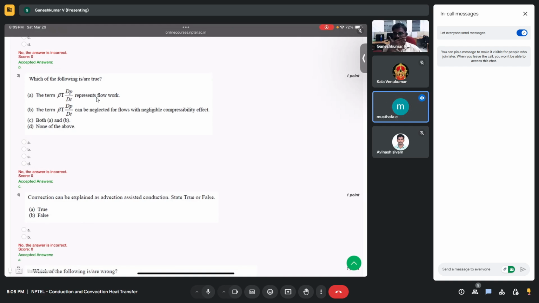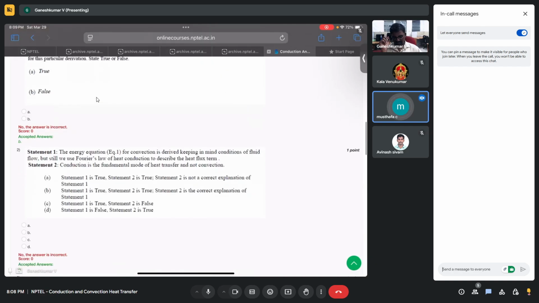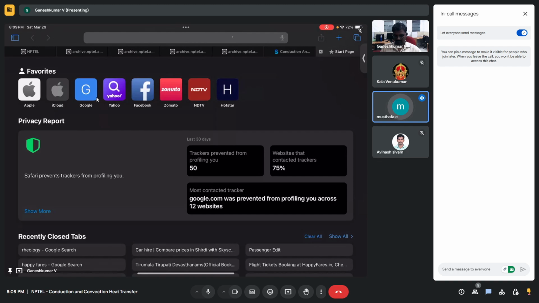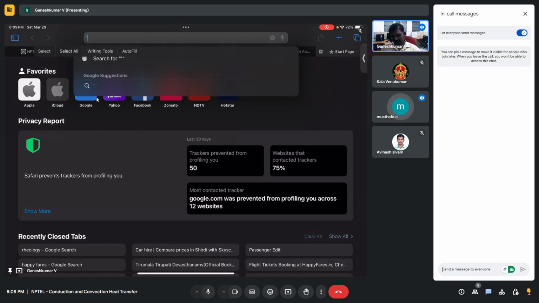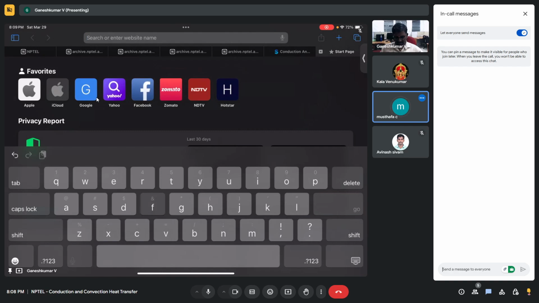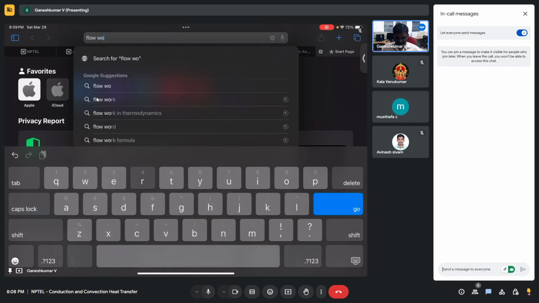Some questions also say that this is wrong, so that is also a problem. If one is telling this is flow work, it is correct, and this one is not flow work. Both are correct. But don't worry about these kinds of questions much.